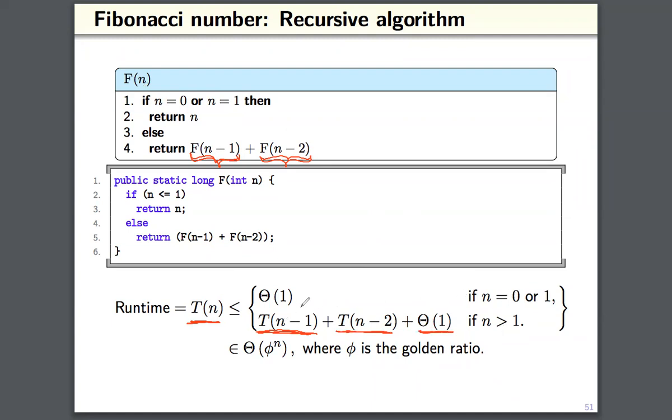If n is equal to 0 or 1, it's the base case, a constant number of operations. And there is a proof to show that this is of the order of theta of phi power n. And what is phi? Phi is the golden ratio. Do you know about the golden ratio? (1 plus root 5) by 2. I think it is approximately 1.6, something like that. It is an irrational number.